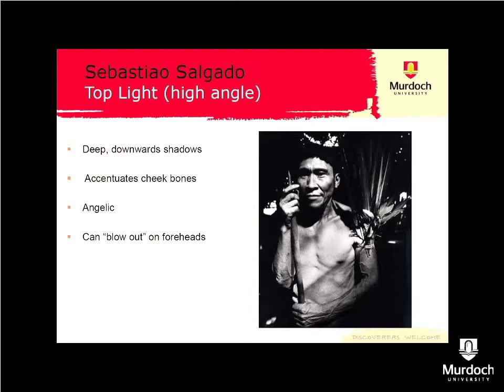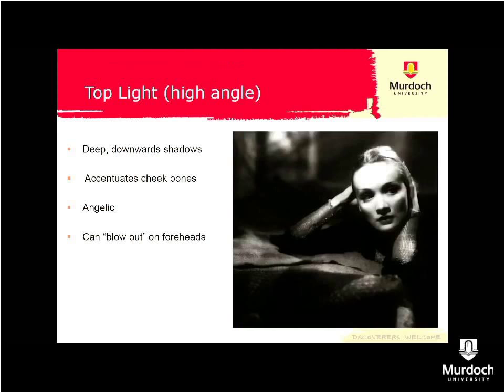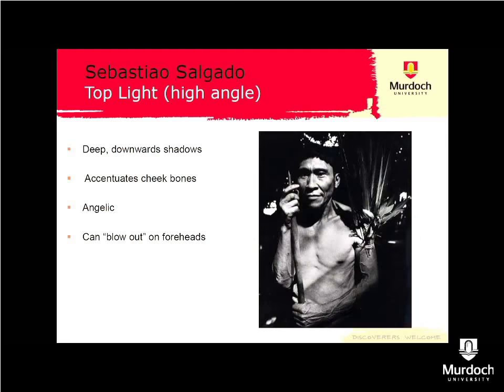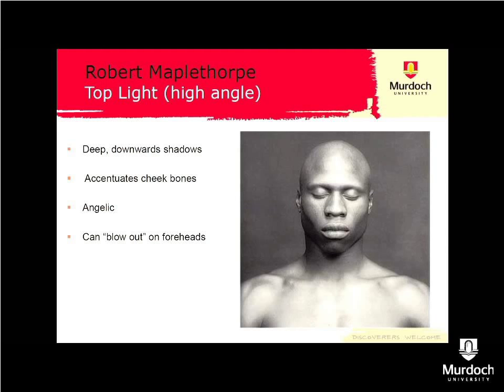And Sebastian Salgado here, top light here. His top light here is the sun. And this is something that we know about. We know this look. And you can see, if you go back here, that this is kind of a version of the sun. Or a very bright light above, at least. As opposed to this one, where the lighting is much softer than the sun would produce, particularly in the shadows it's created.